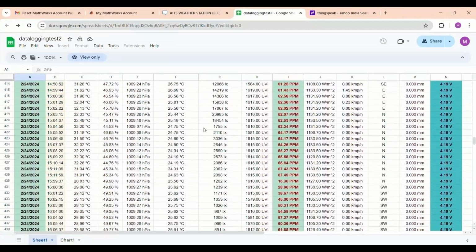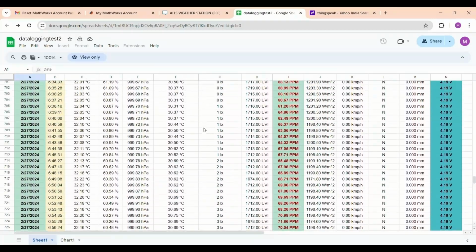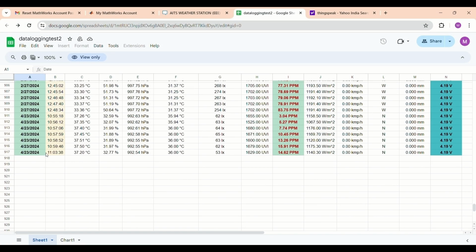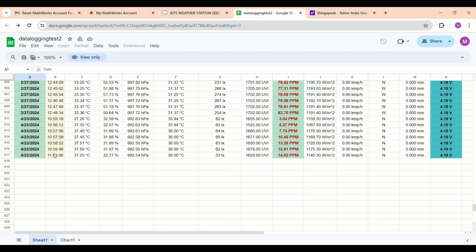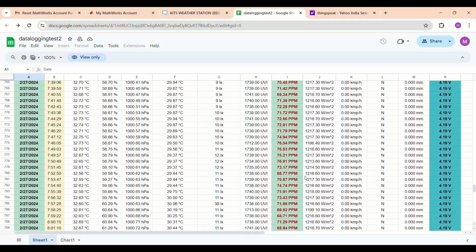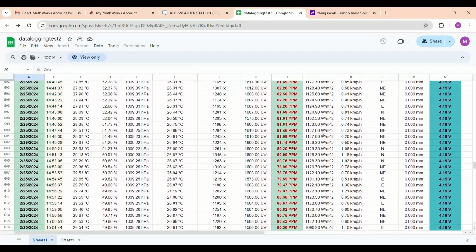So now I will show today's data. The last data collected by the sensor is from April 24th at the time of 11:38. At that time it collected temperature, pressure. All this data will be recorded every time, and it also shows this data in a graphical representation in ThingSpeak.